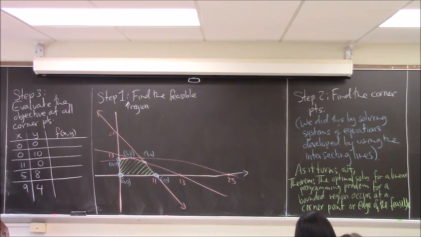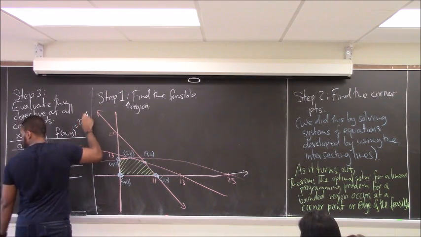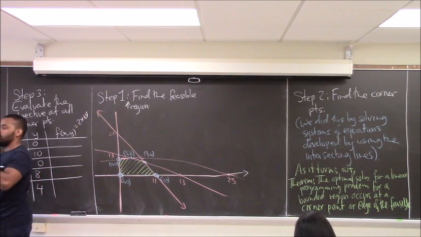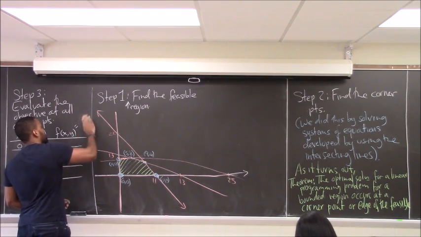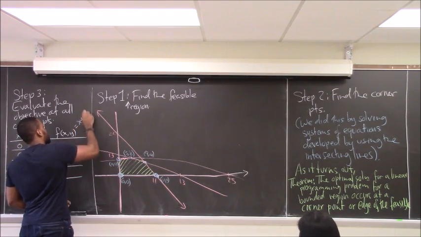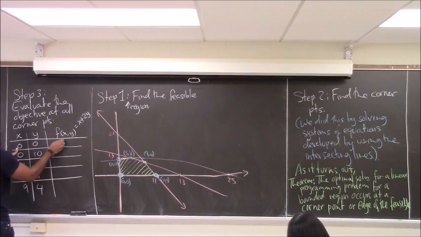And what I'm going to do is plug that into the original function, which I believe was x plus 2y. I'm going to compute the value for each point. So x plus 2y, if both are 0, well, that's 0.